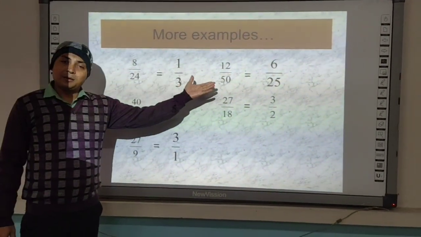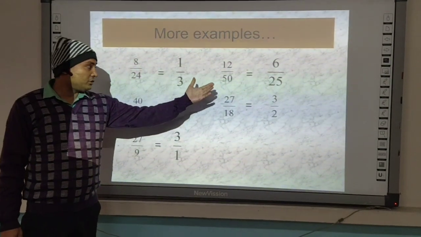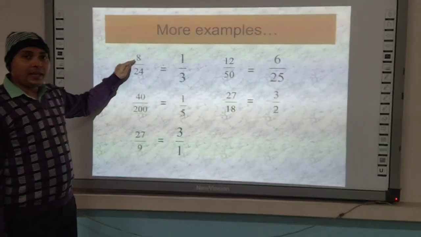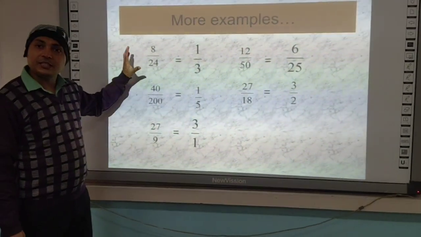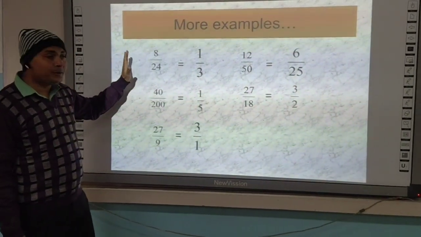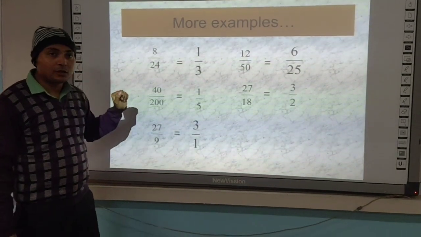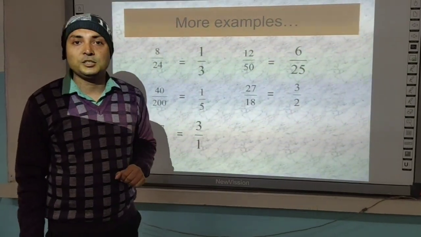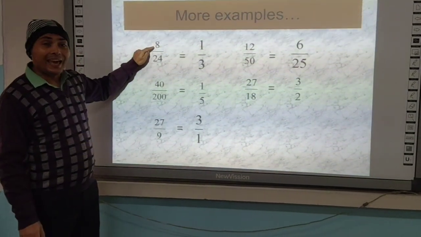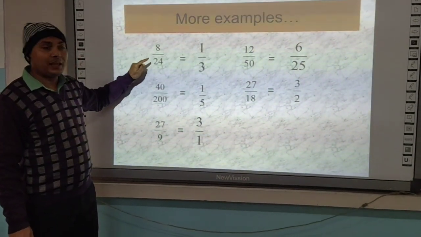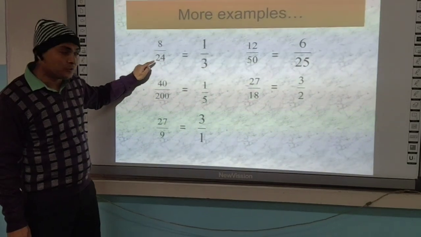There are some examples of ratios. It is written 8 upon 24, 8 by 24. This is the ratio. It can also be written 8 is to 24. But generally we write the ratio in simple form. So we all know 8 can be divided by 8 itself, and also it can divide 24.